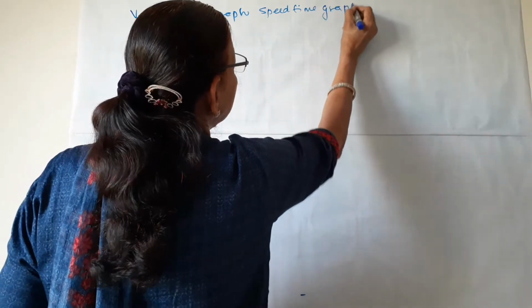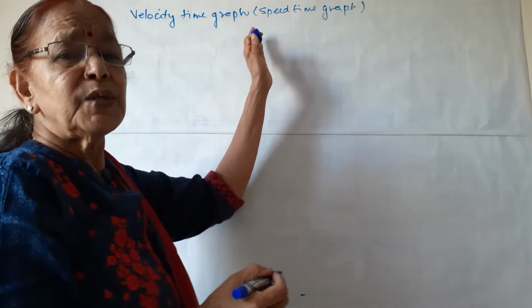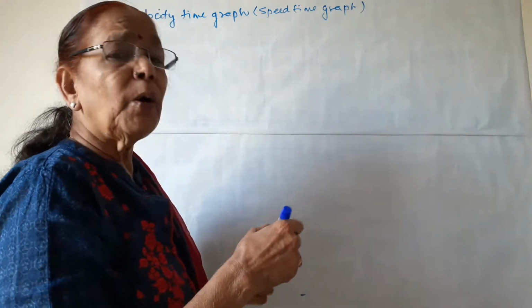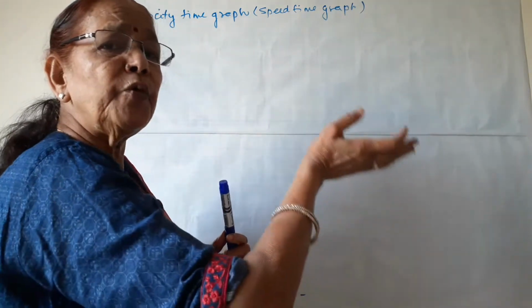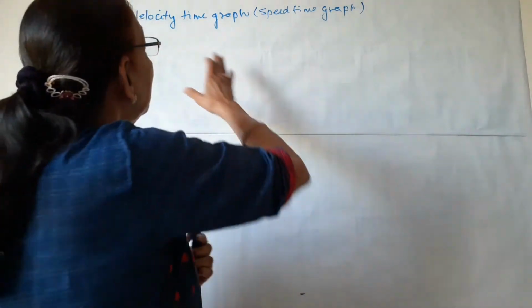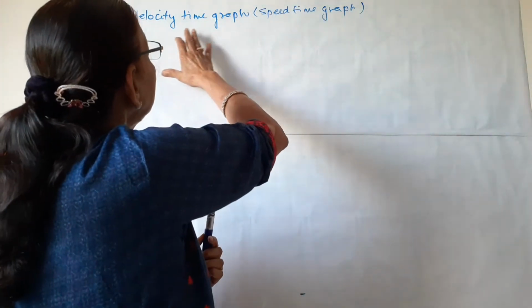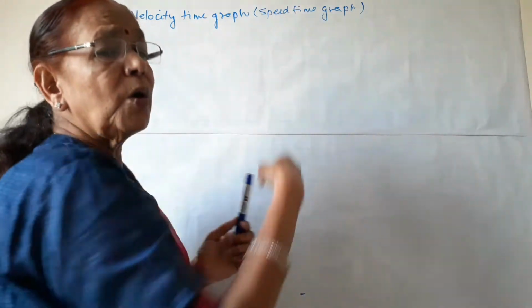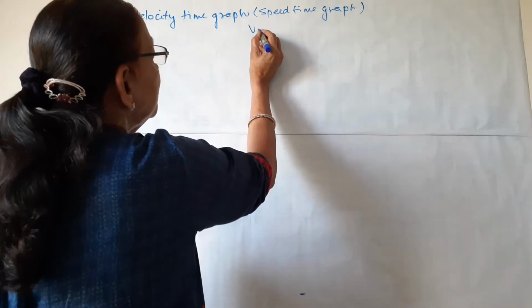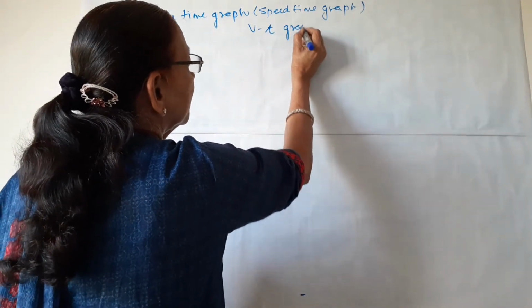Velocity and speed are one and the same thing when a body or an object is moving in the same direction in a straight line. So we can say velocity time graph or speed time graph, or in short we call it VT graph.